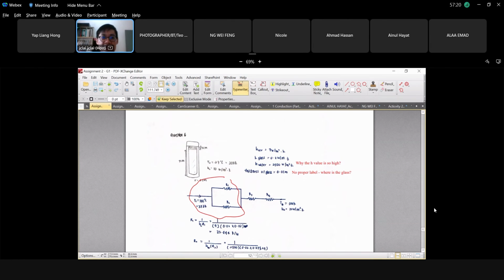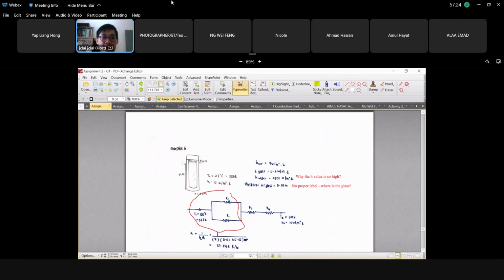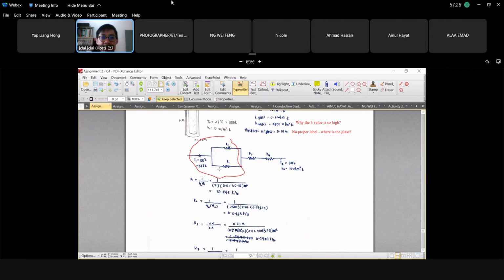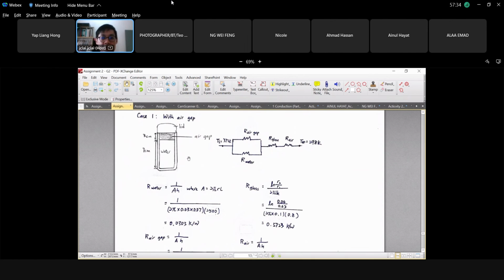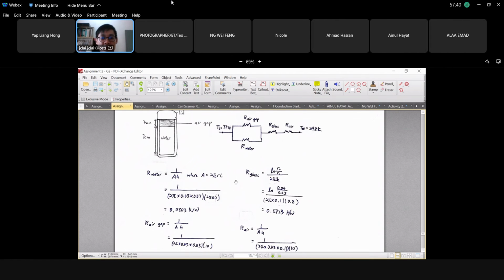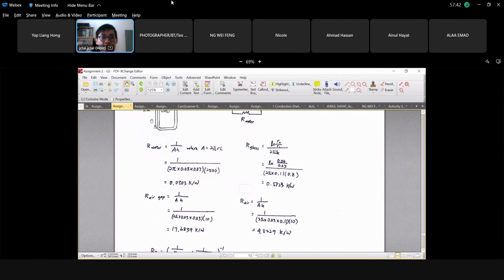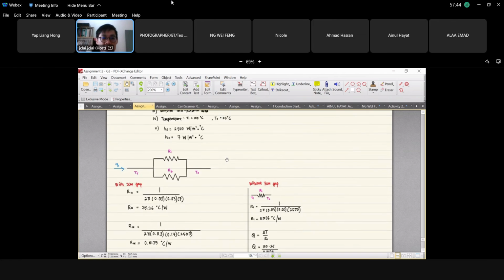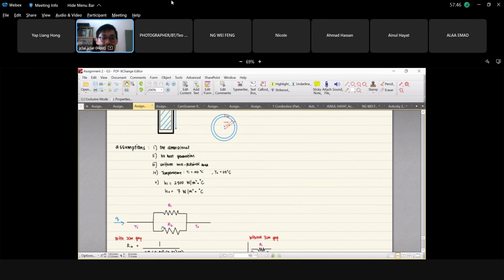For question number 6, group 1, I think your answer is wrong because your circuit diagram is wrong already. Group 2, your circuit diagram is also wrong, and I see that your assumption, the way you calculate, is wrong. Group 3, circuit diagram is wrong also.